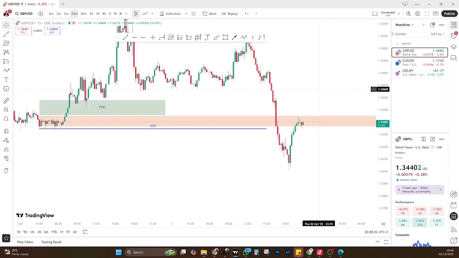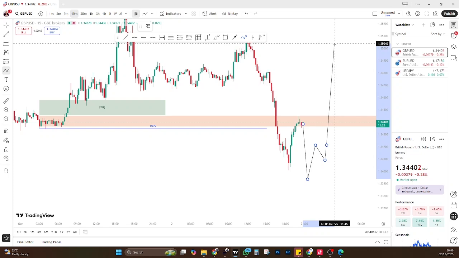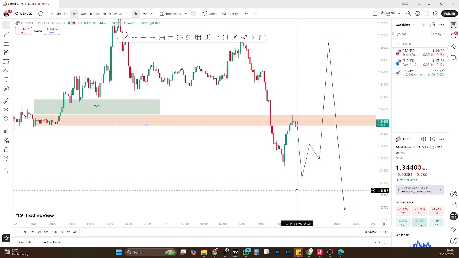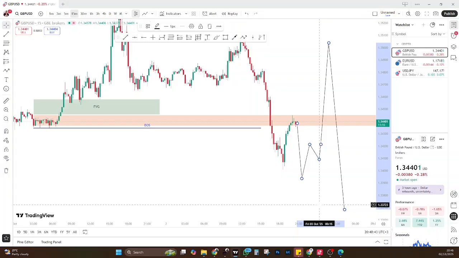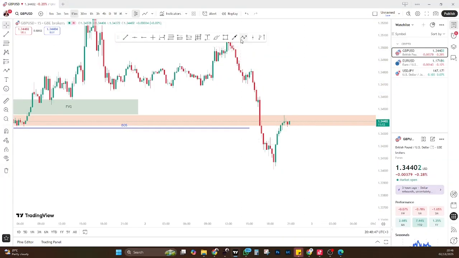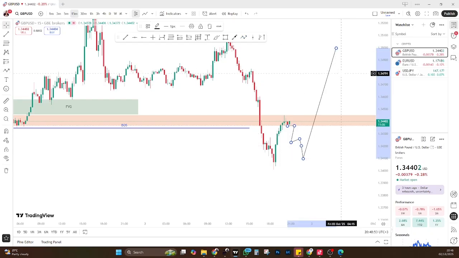It's not now. So what I'm expecting is this market will sell a bit, and then it will buy to somewhere around here, and then it will do the real move. That is what will happen. So this small buy can hold up to somewhere here, and then it continues to buy. Okay.